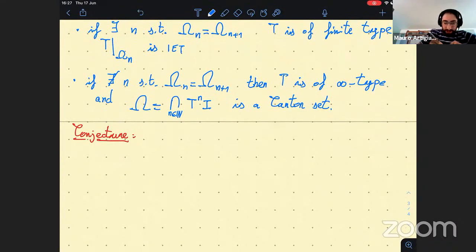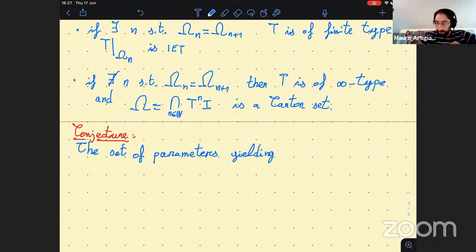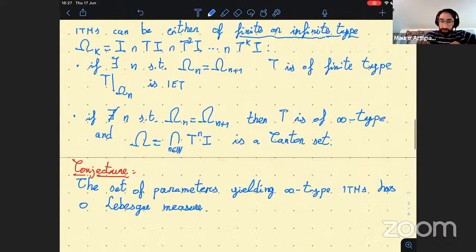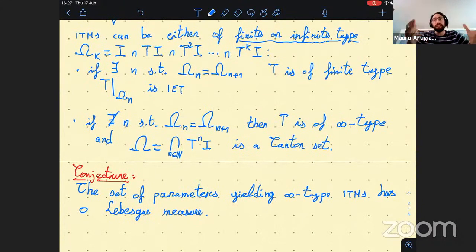The conjecture is that the set of parameters yielding infinite type ITMs has zero Lebesgue measure. So basically, if you pick, say, 10 intervals at random and translate as you want, then you expect this to be of finite type.